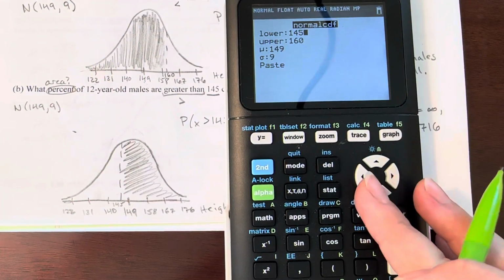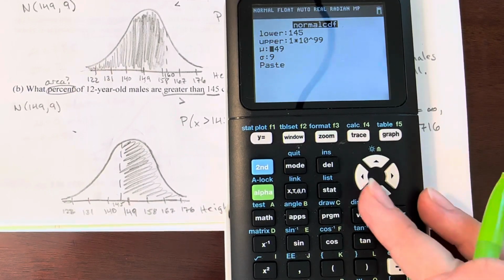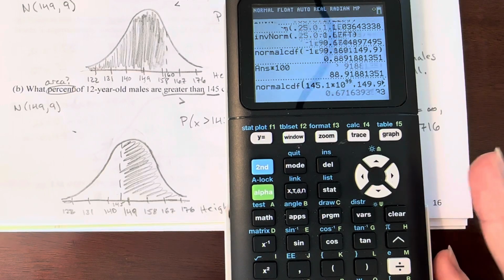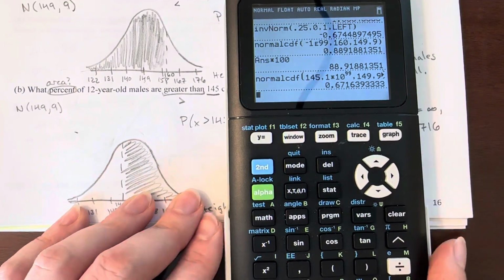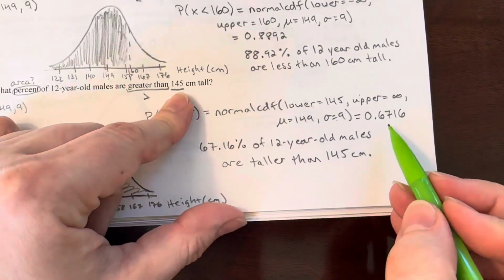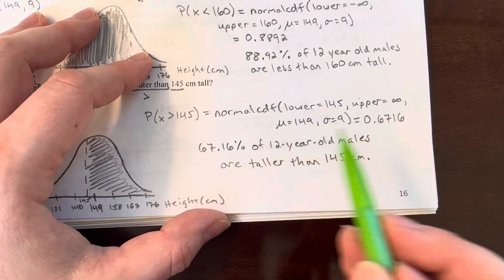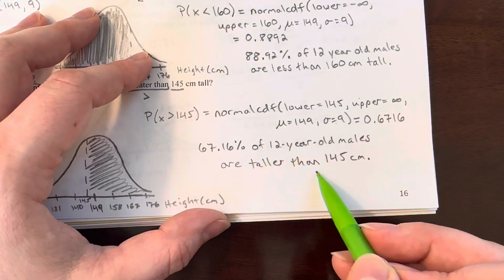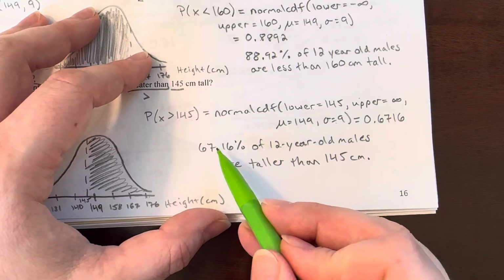Now I'm using 145. 1 times 10 to the 99th is my upper boundary. If I paste this in, I get 0.6716 approximately. That's where this came from. So 67.16% of 12-year-old males are taller than 145 centimeters, right? This number times 100 is where this percent came from.